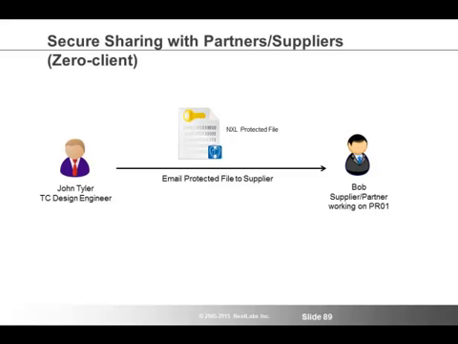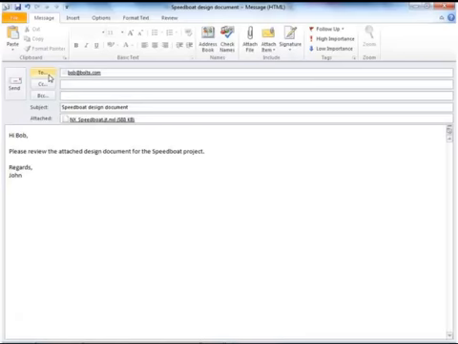And this can be useful when working, especially with external partners or suppliers, if they cannot be forced to install third-party software or a third-party plugin, then using the web-based secure viewer, that's how we call it, to view the protected documents may be the right tool for them.